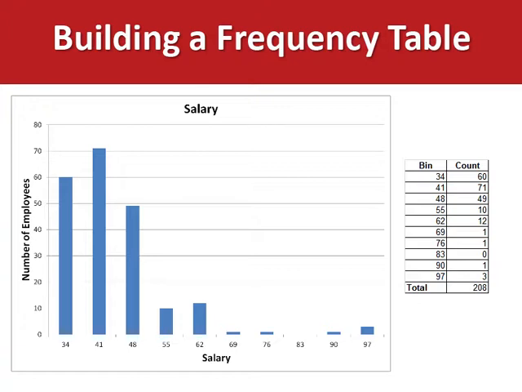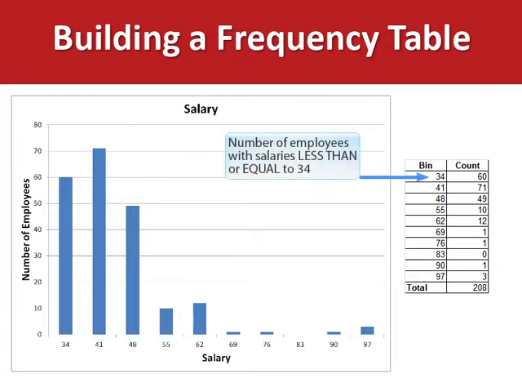On the right hand side we have the count, which means Excel goes off and counts the number of values that meet the threshold. So let me give you a quick example and you see how this works. In the bin column, the first number is 34, which corresponds to a salary at the bank of $34,000. And right next to it on the right hand side is a count of 60.